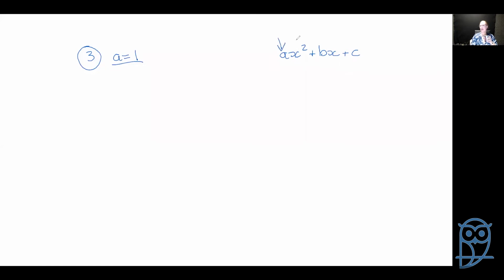If there is nothing in front of our x squared, then it means that our a is 1, and then we can use this method over here. Okay, so what happens here is we are going to need factors of c that are going to give us b in some way. So let me do a few examples.